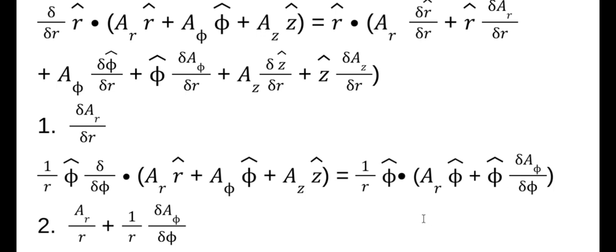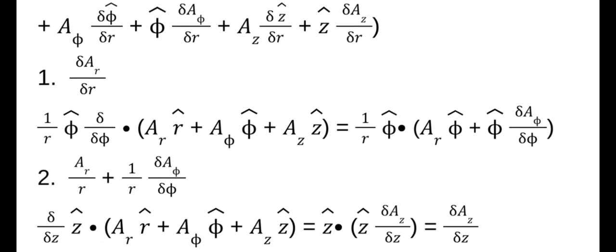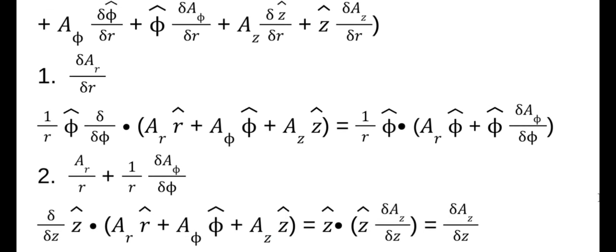So we can complete this now. We got A_r over 1 over r here, and we got 1 over r times this expression. So there's another one that stays. And then the last one is everything goes to 0 except the very last term, which is z hat dot z hat is 1. And we get this.